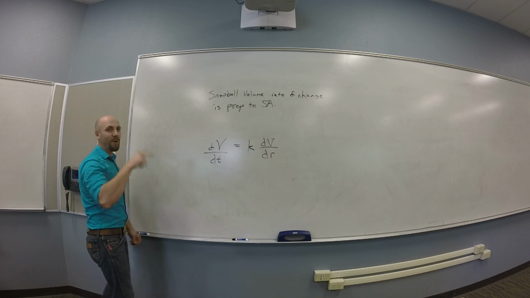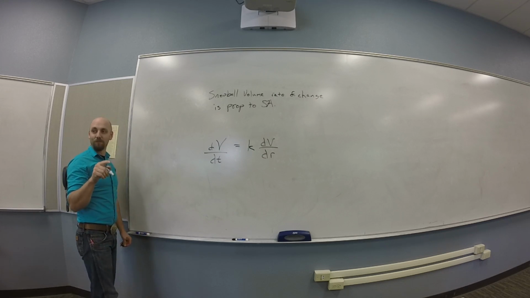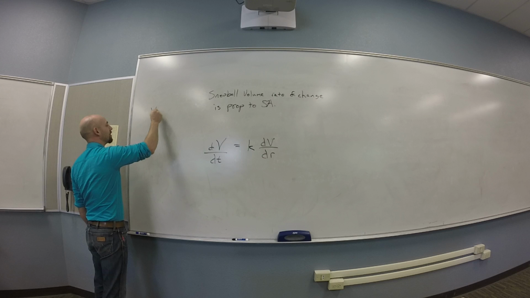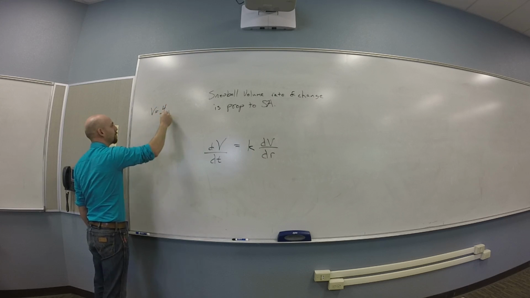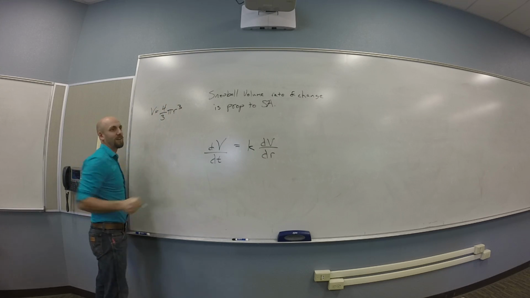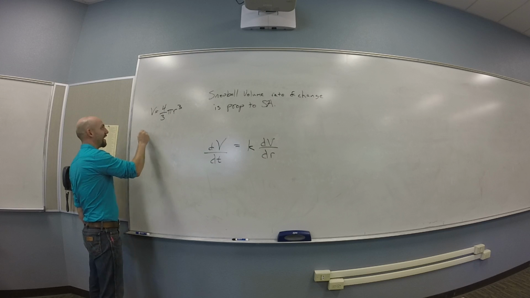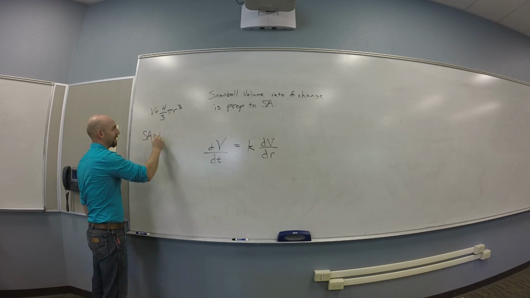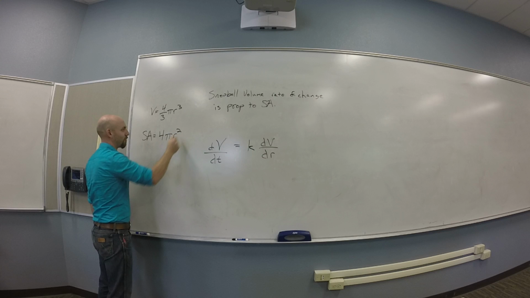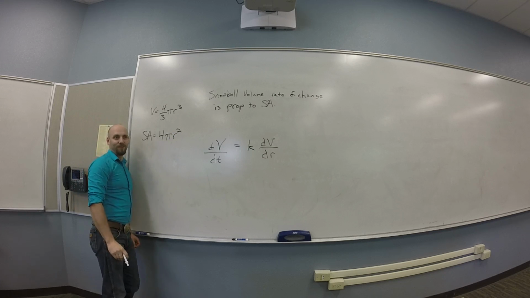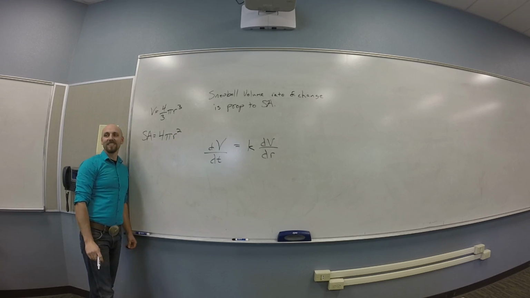Yeah, so if you don't know this, if you still have the formulas, the volume is 4/3 pi r cubed, right? If you differentiate volume, you get 4 pi r squared, right? Which is the surface area.